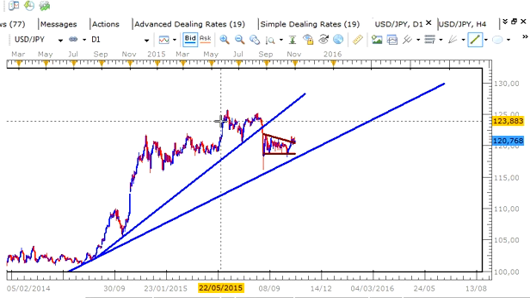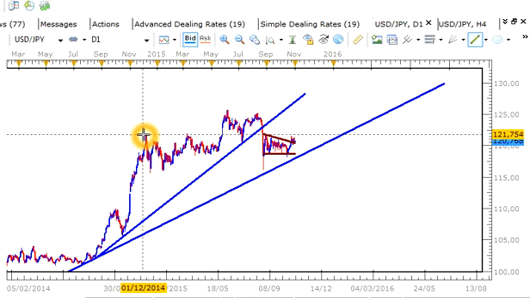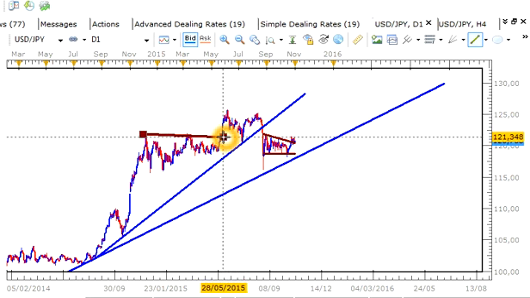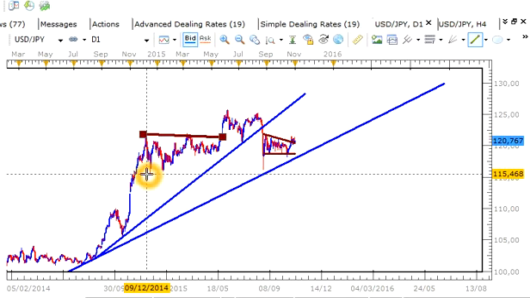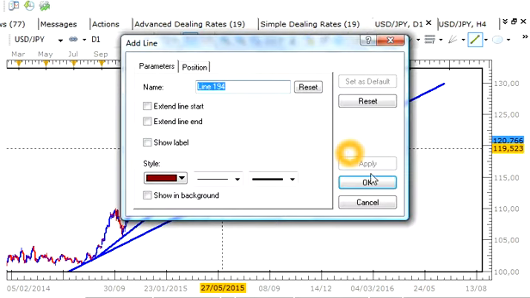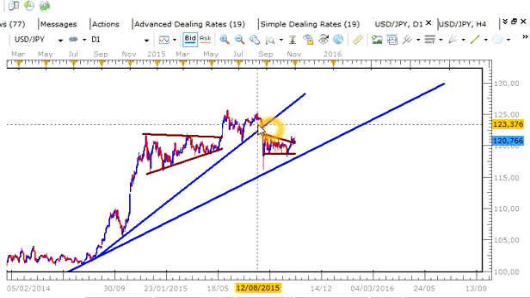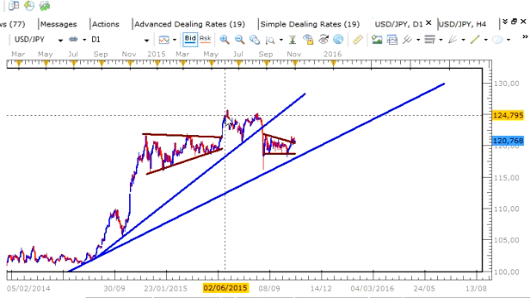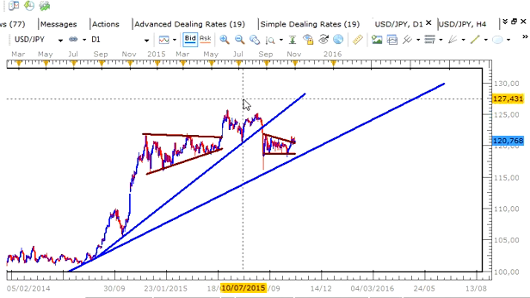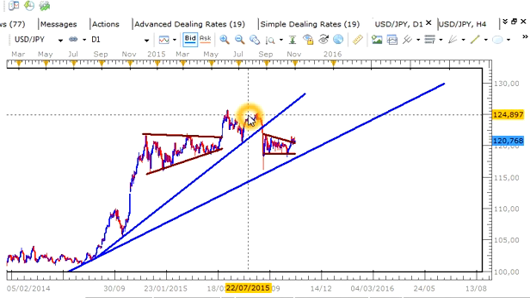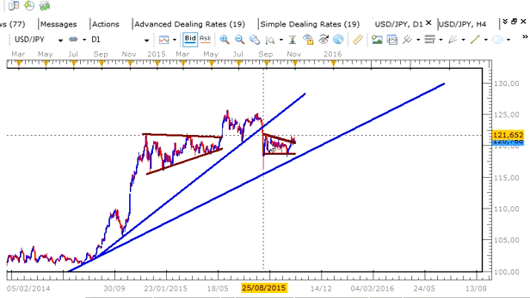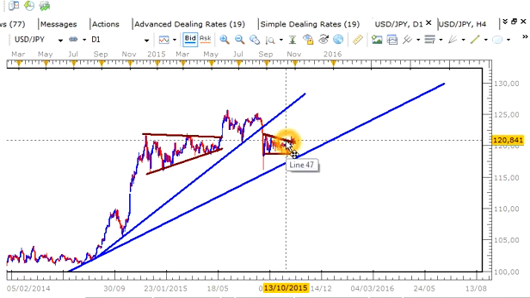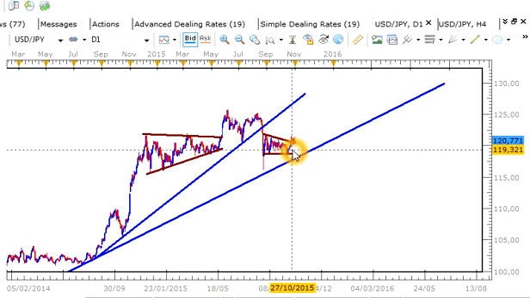Here you can see that the sideways movement that was formed at this area here could be interpreted to be the left tip or the left shoulder of the formation, with this area here, the double top formation, forming the head or the center tip of the crown. This was then followed by the formation of this sideways movement that led to the formation of this pennant, which is essentially acting as the right tip or the right shoulder of that formation.